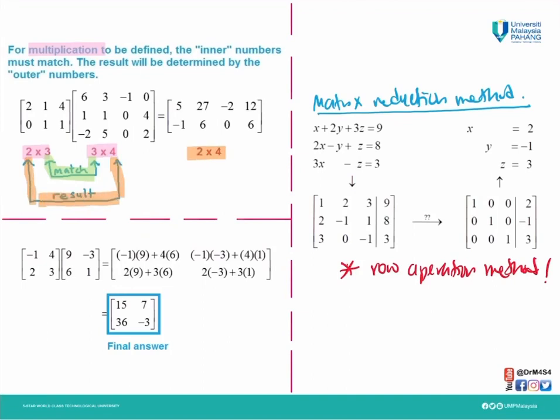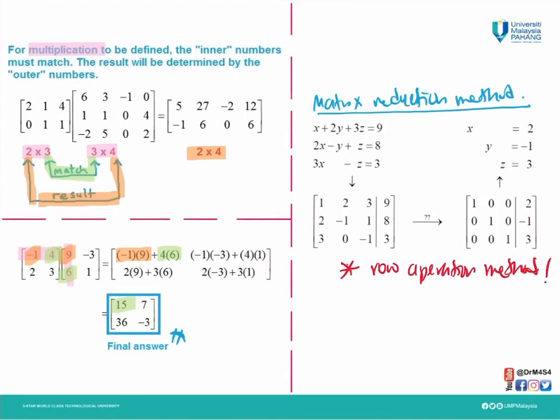So this is the result when we multiply two matrices. For example, we take this one between -1, 4, and 9, 6. First of all, -1 times 9, then plus 4 times 6. So the value is 10.